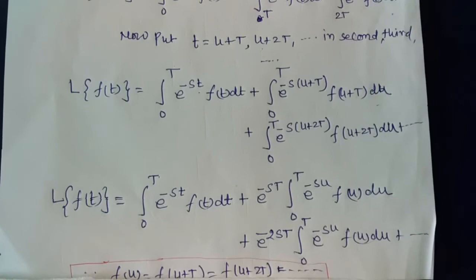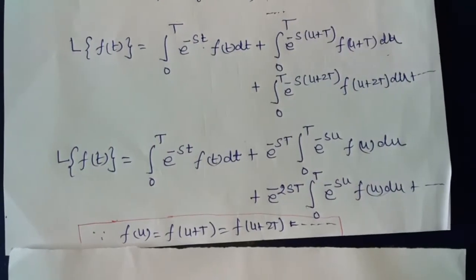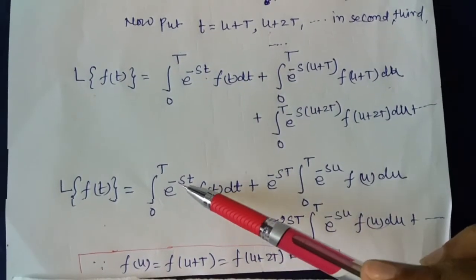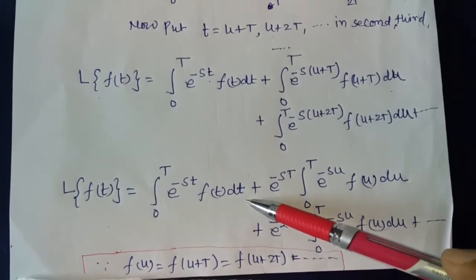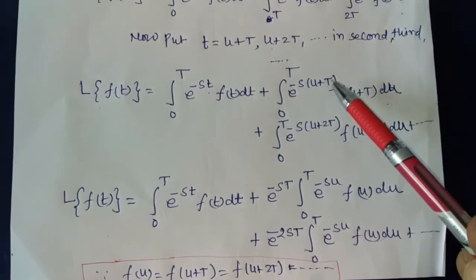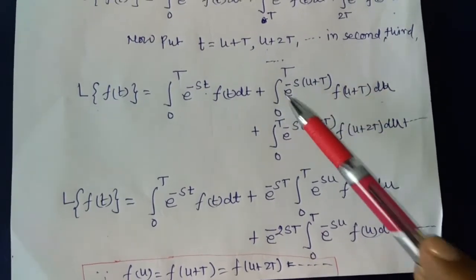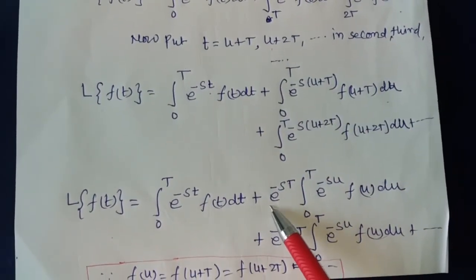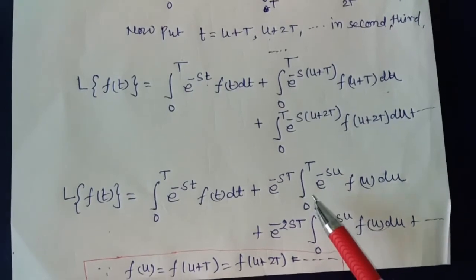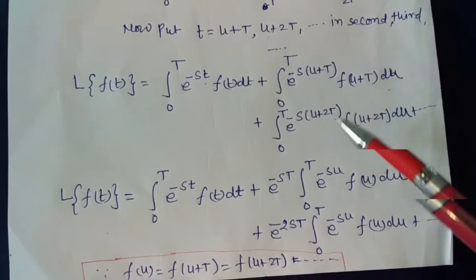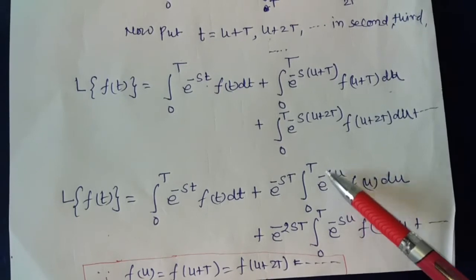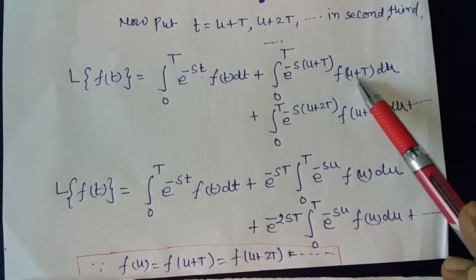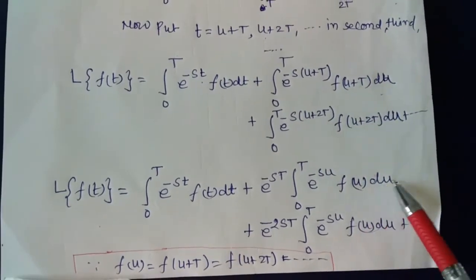So we get the Laplace transform of f(t) is the integral from 0 to capital T of e raised to minus st into f(t) dt. Here e raised to minus sT we write outside the sign of integral, so we get e raised to minus s capital T, then the integral from 0 to capital T of e raised to minus su, and this becomes f of u, as f is a periodic function with period capital T, so f of u du.